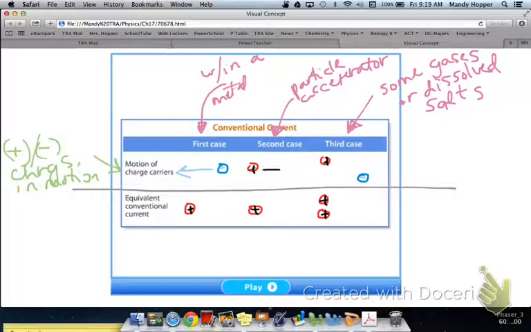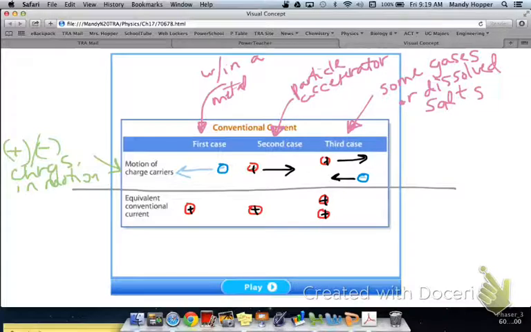It goes from left to right. And then in the third case, you have a metal and a non-metal, or positive and negative charges, and they're going to be moving in opposite directions. So that's talking about motion of charge carriers themselves, what actually carries your charge and in what direction they are moving. And then we get to conventional current.